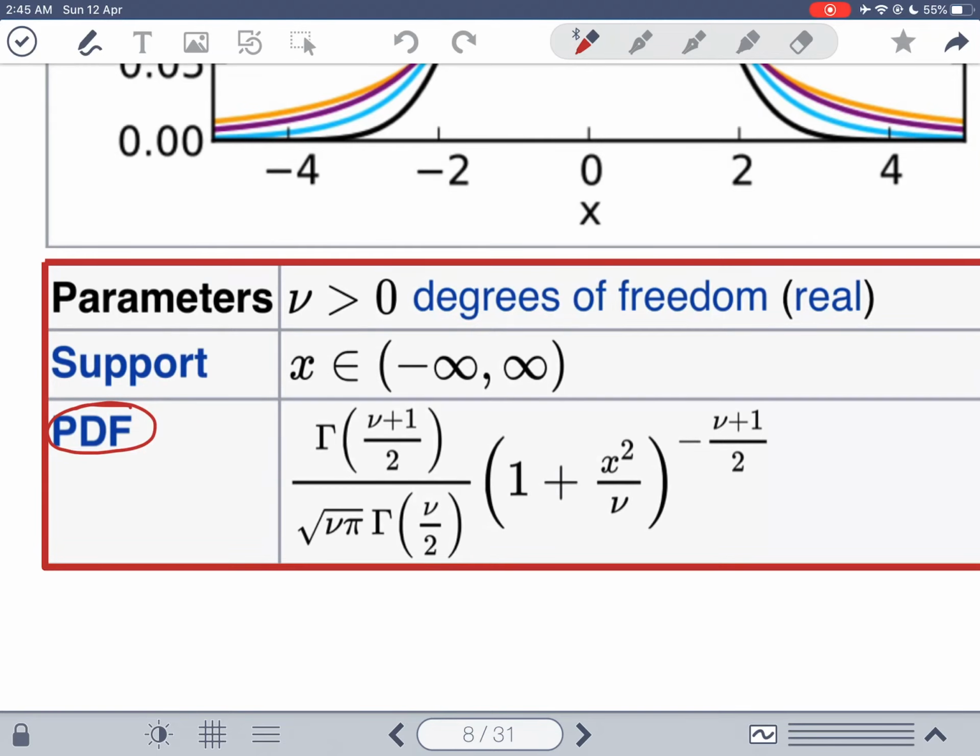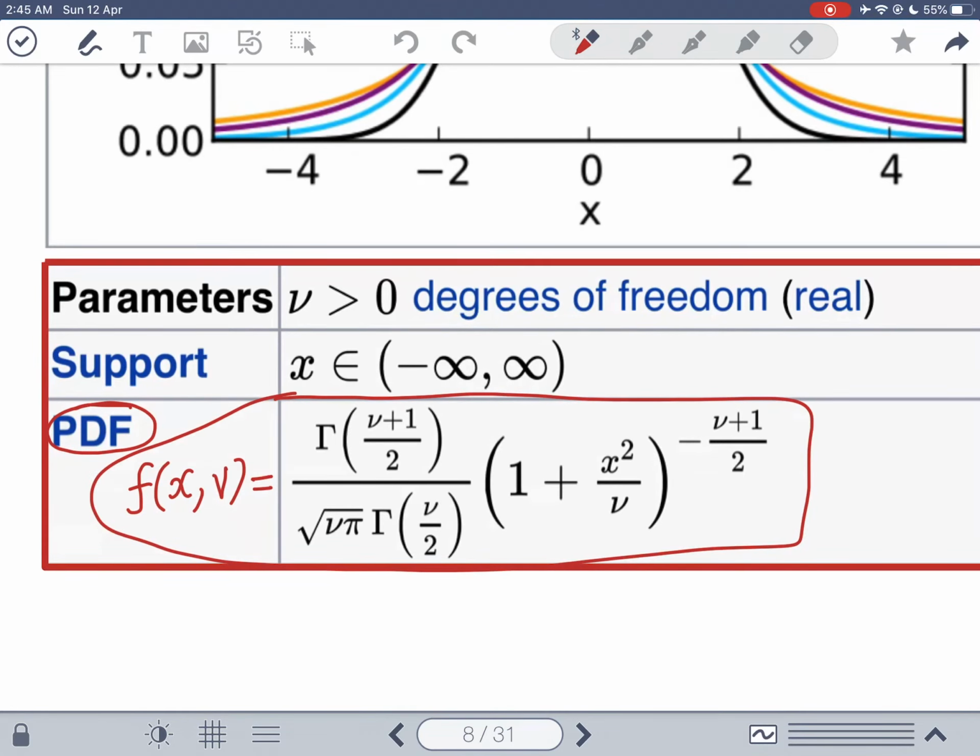This is the function at x with degrees of freedom v, equal to this formula here. In order for you not to feel that this is difficult, by the way, you don't have to know this formula, but I will spend a couple of minutes, maybe 3 minutes maximum, to make you see that it's not that hard.